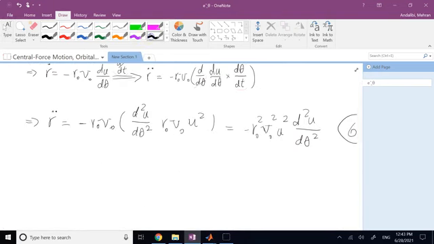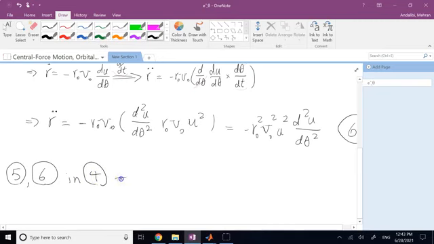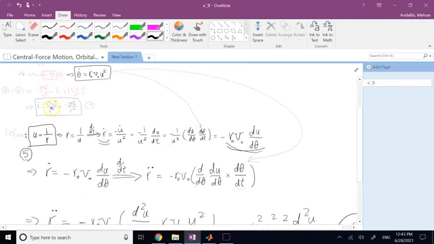I'm going to get negative r naught squared, v naught squared, u squared, second derivative of u with respect to theta. That's the first term.